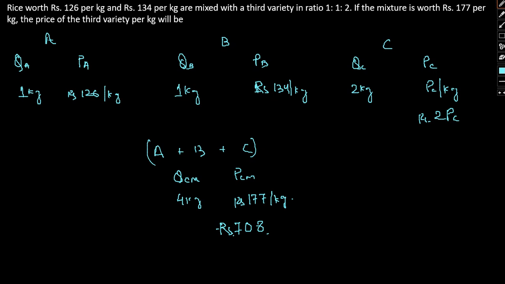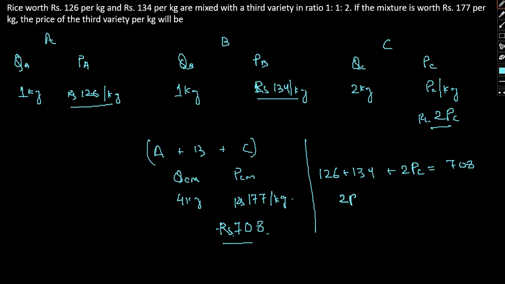Now, if we are looking to find the price of the third variety, PC, we can simply do this by adding these values, and that will be equal to this particular value. So 126 plus 134 plus 2 PC will be equal to 708.